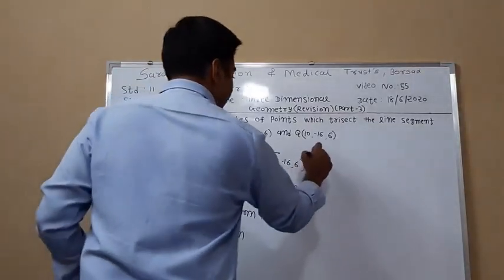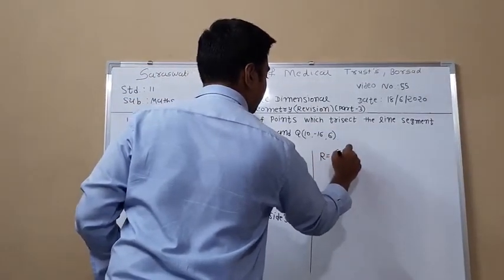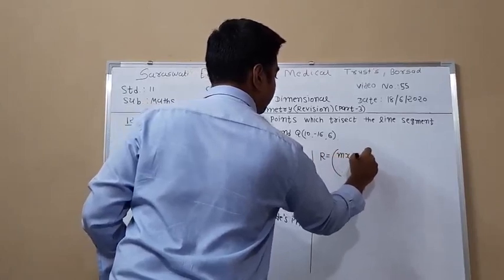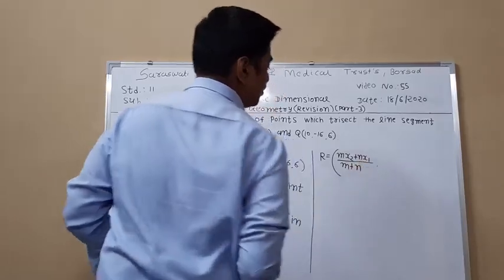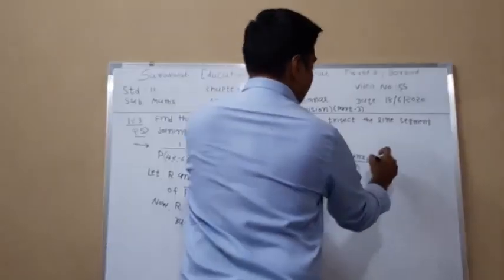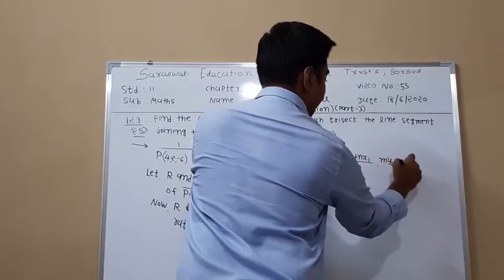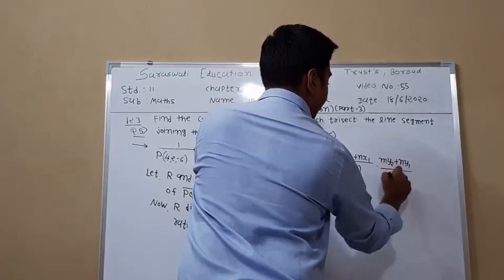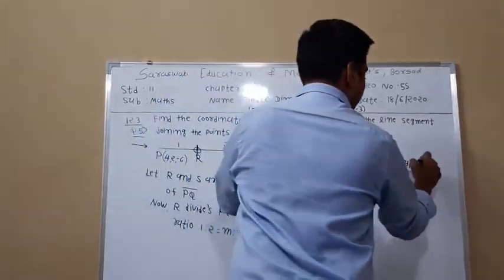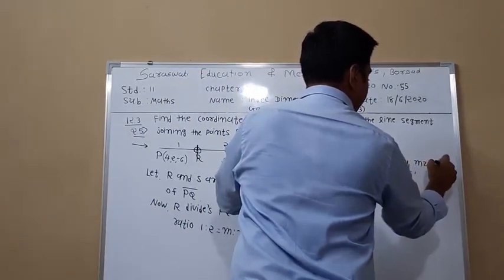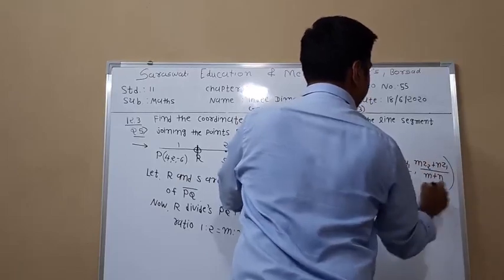Now the coordinate of R is given by the formula (mx2 plus nx1 upon m plus n, comma, my2 plus ny1 upon m plus n, comma, mz2 plus nz1 upon m plus n).